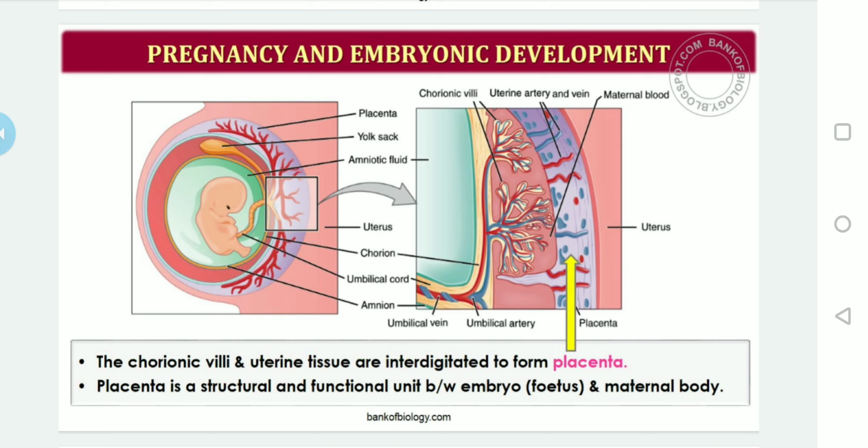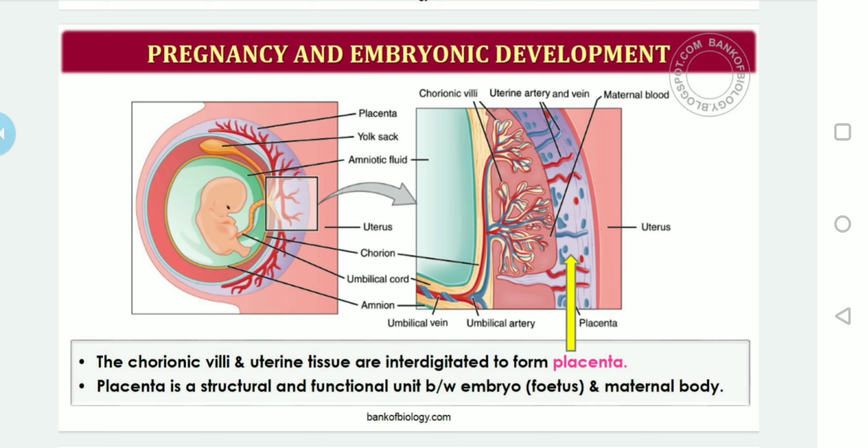If a one mark question is asked in examinations and tests, what is placenta or define placenta, then you should write a one line answer. The placenta is an organic connection between maternal tissue and the growing fetus, through which physiological exchanges take place.